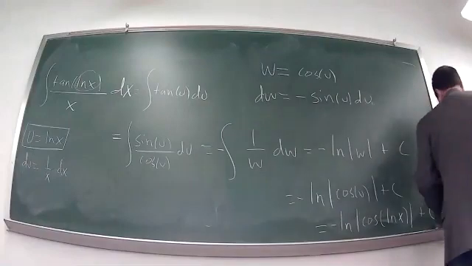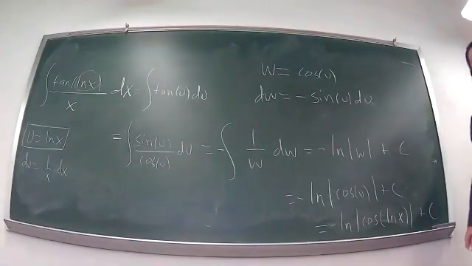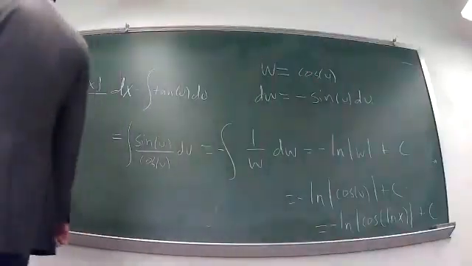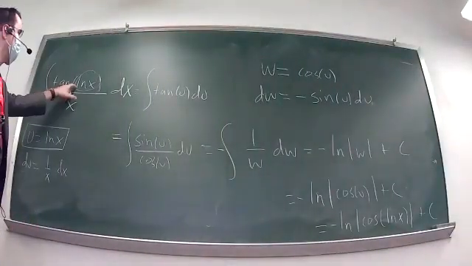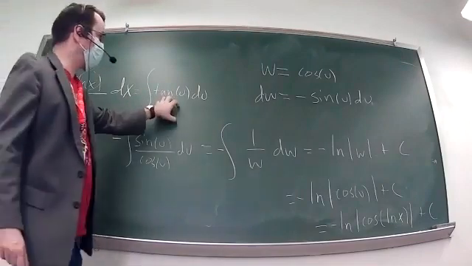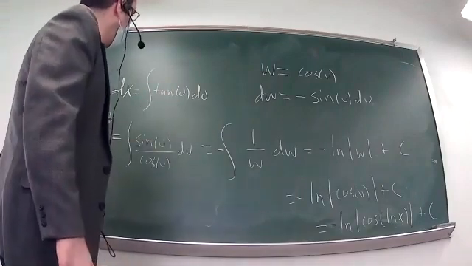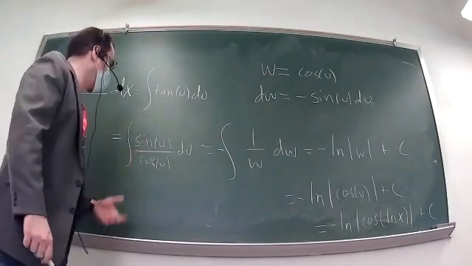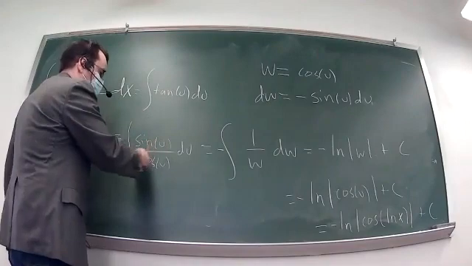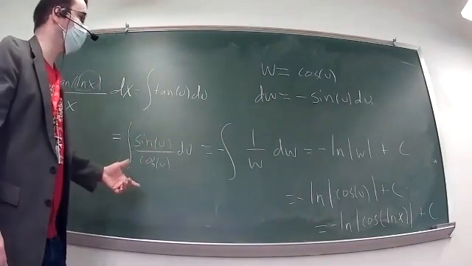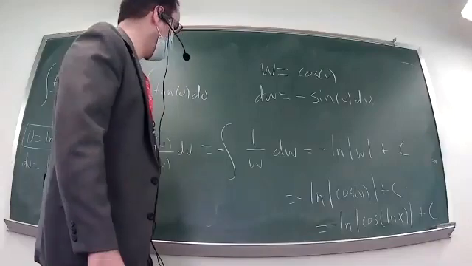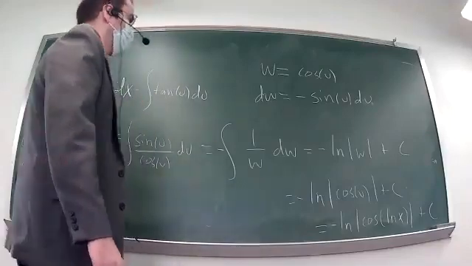So this was question 75, so it's a little further down in the book, a little bit more challenging. That's fine. And the trick to doing that was making one substitution that kind of popped out at us, getting to this point, struggling a little bit, rewriting what is tangent, sine over cosine, staring at this and realizing that I can do another substitution to transform this into 1 over w, and I get that sine u du becoming negative dw.